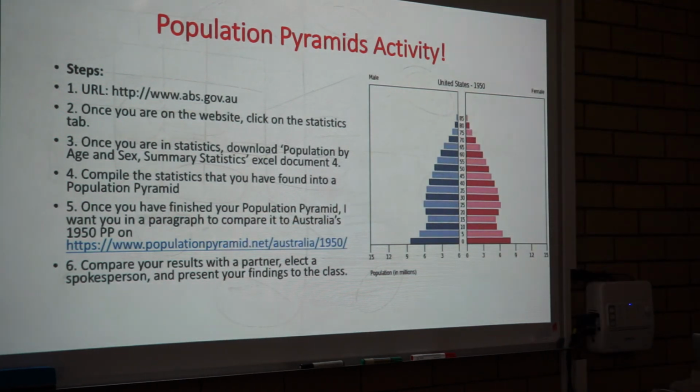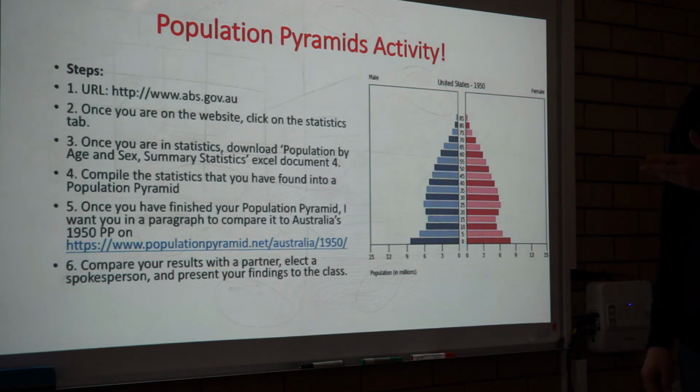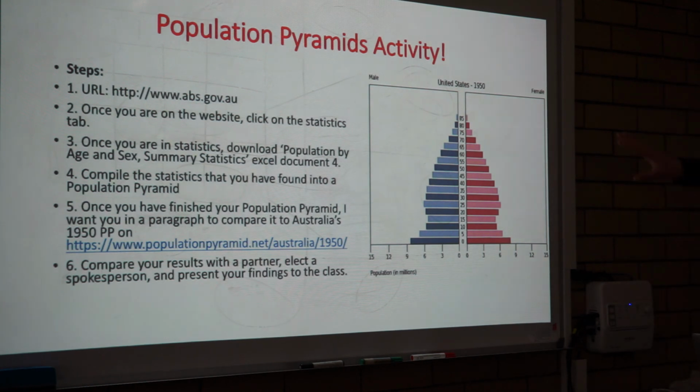And once you have done this, I want you to compare your results with a partner, elect a spokesperson, and once you have done that, I want you to present your findings to the class up the front. Okay? I'm just going to leave this information here for you, it will guide you through the information step by step, and I can't wait to see some results. Thank you.